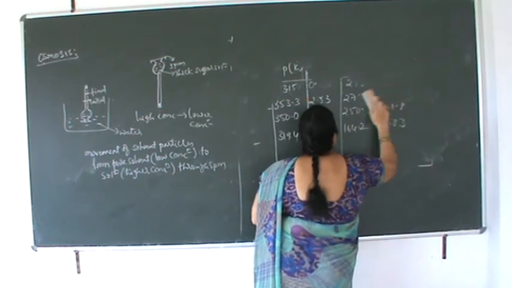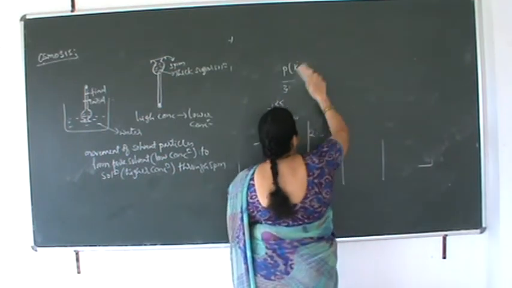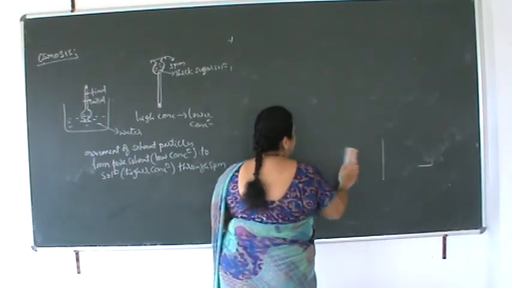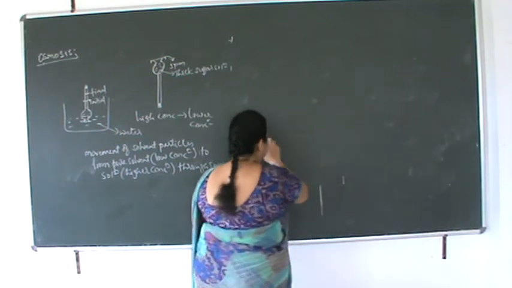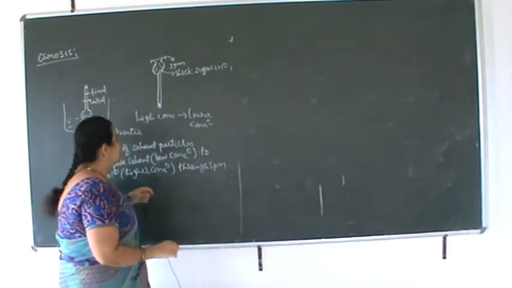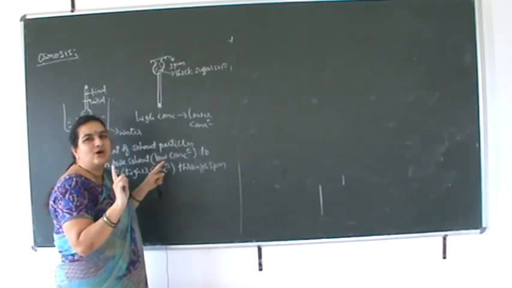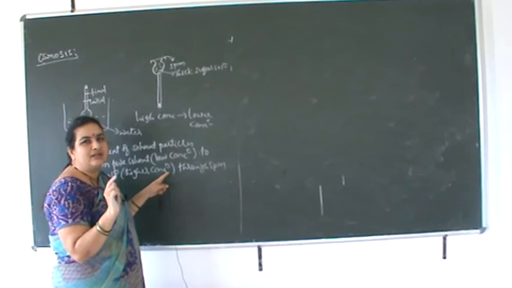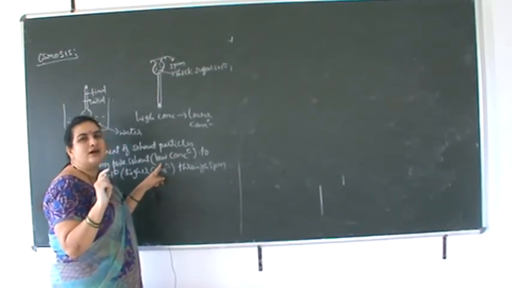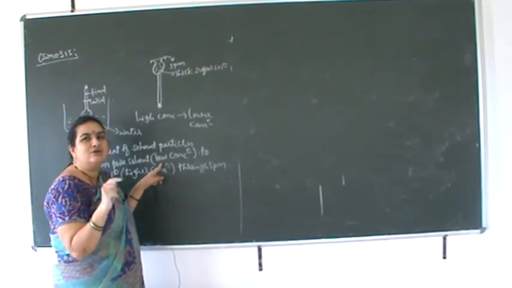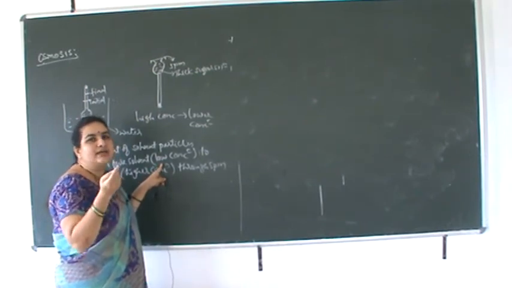Osmotic pressure. Here also there is one diagram. As I just explained, our usual process is from higher concentration to lower concentration, but in osmosis the reverse phenomenon occurs: solvent particles move from lower concentration to higher concentration.